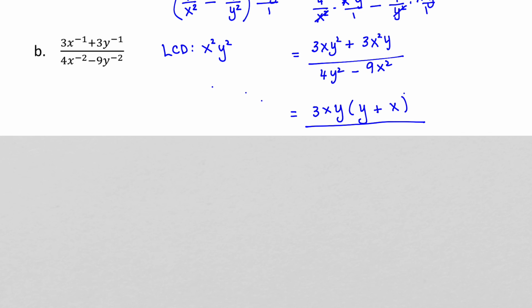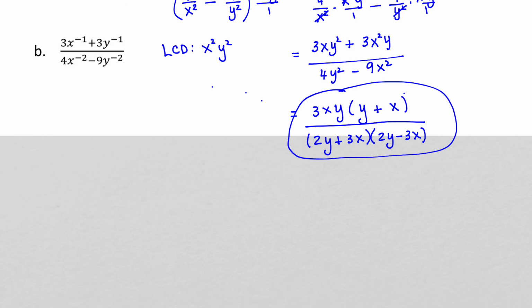And 4y squared minus 9x squared factors into 2y plus 3x and 2y minus 3x. Okay. Well, we weren't able to do any simplifying there, but it's always a good idea to check and see if that's going to be possible. So that's my final answer. The end.